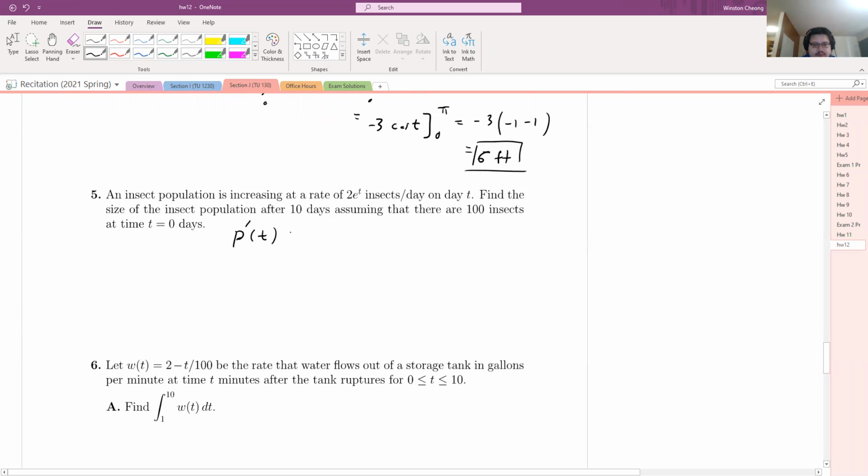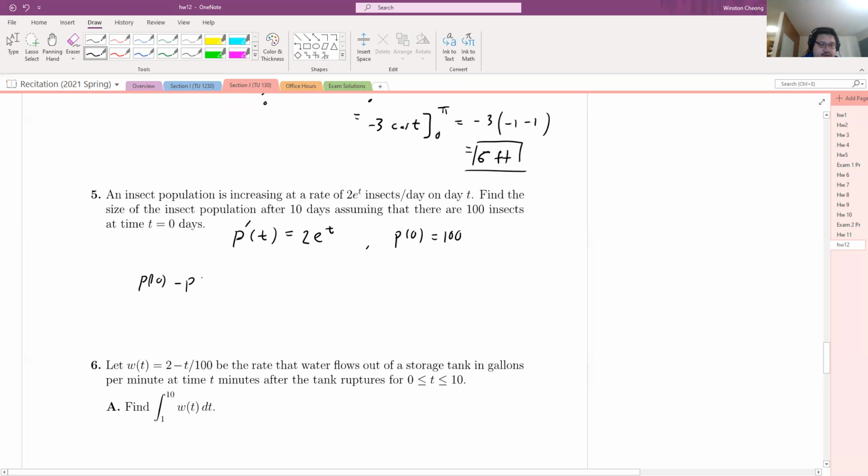So this is saying something about p prime of t. It also says p of 0 is 100 insects. We want to figure out the size of p of 10. So p of 10 is what we're after.